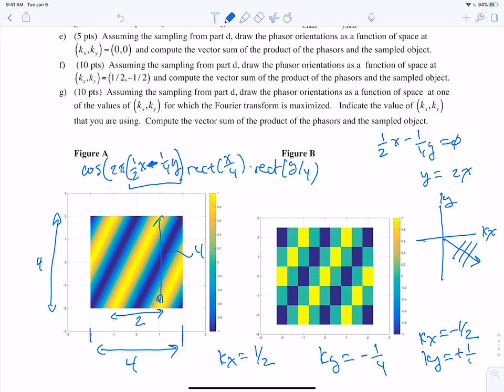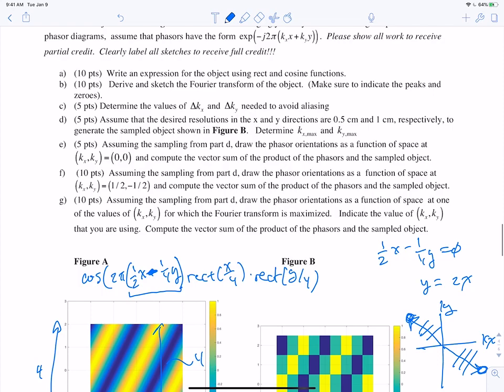Plus 1/4, right? Because I'm either here or I'm here. So would that also be correct? Yeah, they're both fine. Because the cosine's an even function, if I multiply the argument by negative, it's the same thing. So they're both correct. All right?